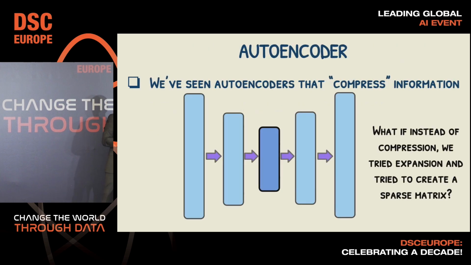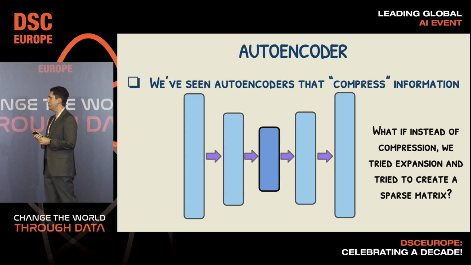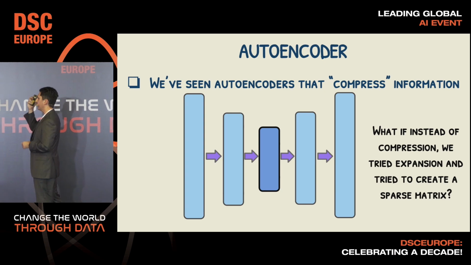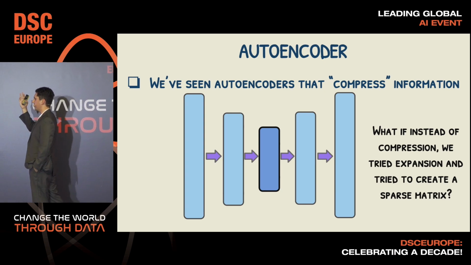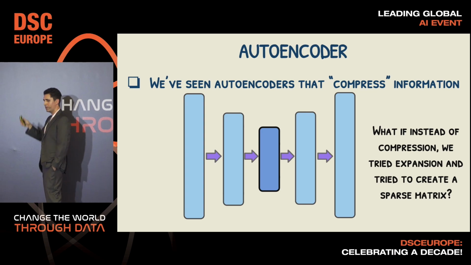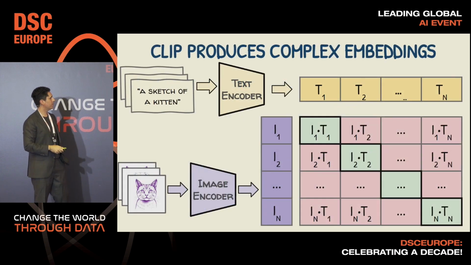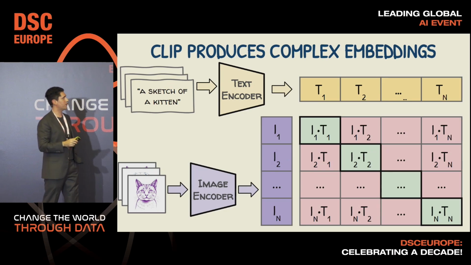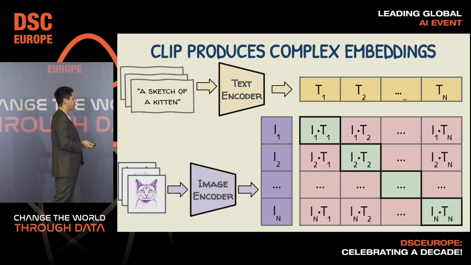Specifically, remember back to our discussion of this autoencoder. We've seen this idea that they kind of compress information. So what if instead of compression, we actually tried expansion, and we tried to create a super sparse matrix? So recall, from just a few minutes ago, that CLIP is producing these pretty complex embeddings.